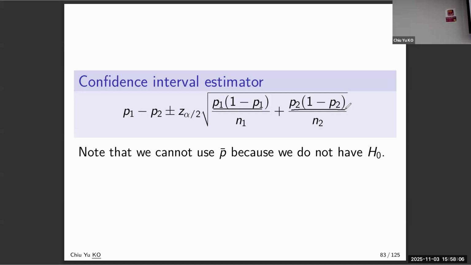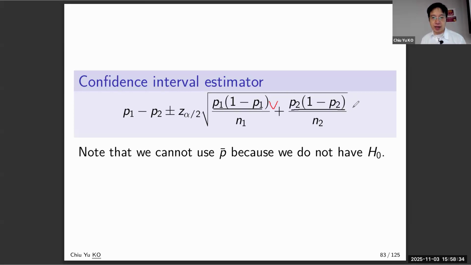The reason is, unless you assume pi1 equal to pi2, right? But if you assume that, actually there's no need to do an interval estimator, right? If they're the same, the difference should be 0. So that's why we keep this instead of using P bar. That is something a little bit tricky here. Otherwise, this is the only tricky part.